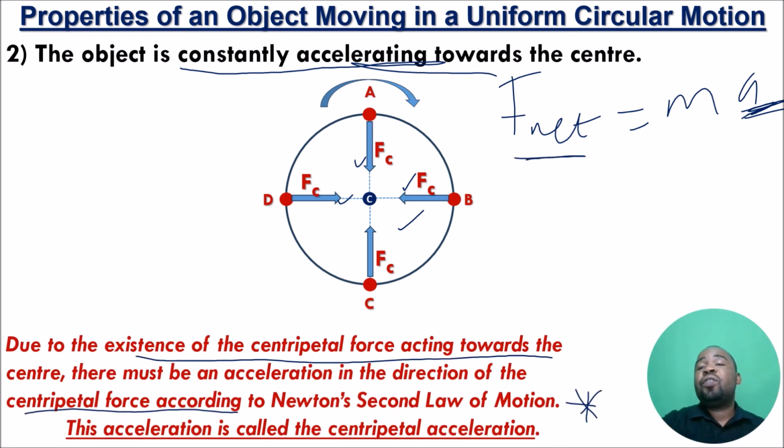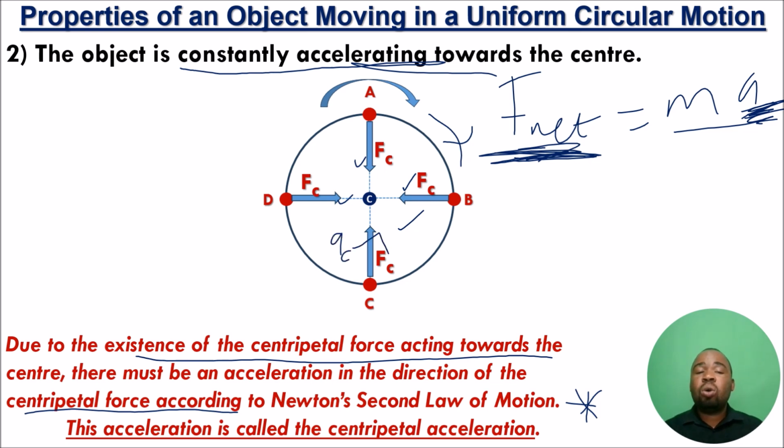Newton said F net is equal to ma. Now that we saw that there is a force which is towards the center, which is keeping the object around a circular path, there must be an acceleration in the direction of the force. Which direction? The center. So we also have an acceleration which is called centripetal acceleration.